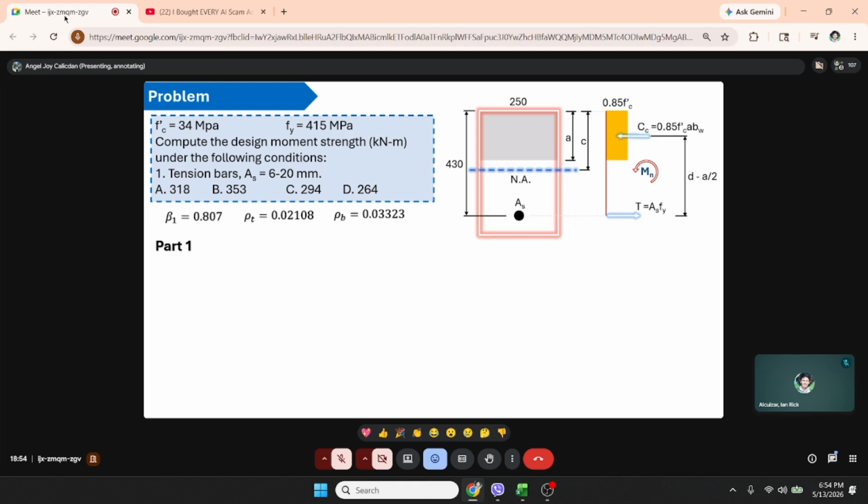And for part 1, since given ang As, 6 ka 20 mm, and since ang atong reinforcement bars kay circular, para makuha ang area is just the area sa circle, pi over 4 d squared, which is ang diameter 20 mm, times 6 kay 6 ka buok, and we get 1,884.956 square millimeters.